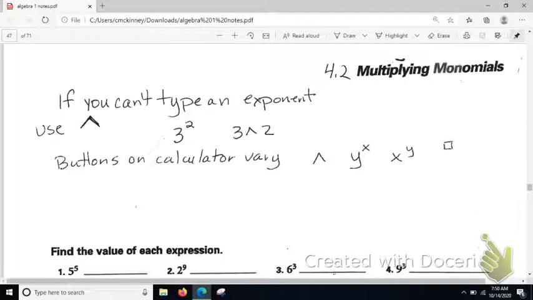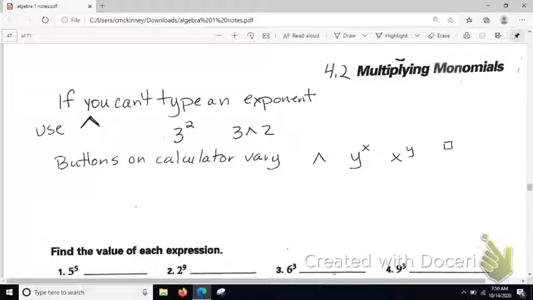So if you can't type an exponent and you're trying to send me a message, if you use the caret, which is Shift and 6, that will let me know you're trying to type an exponent. On your calculator, the buttons might vary. You might see the caret button. You might see a button that says y to the x or x to the y.